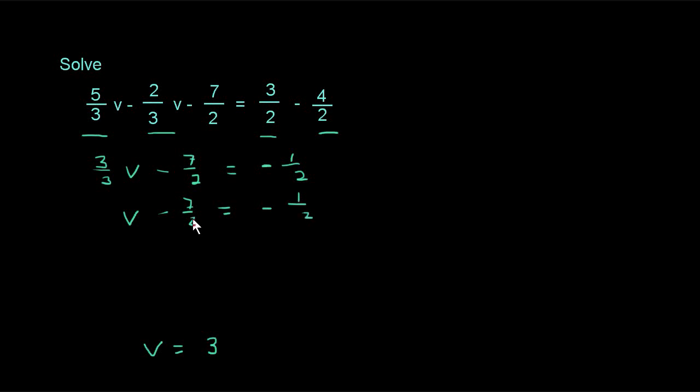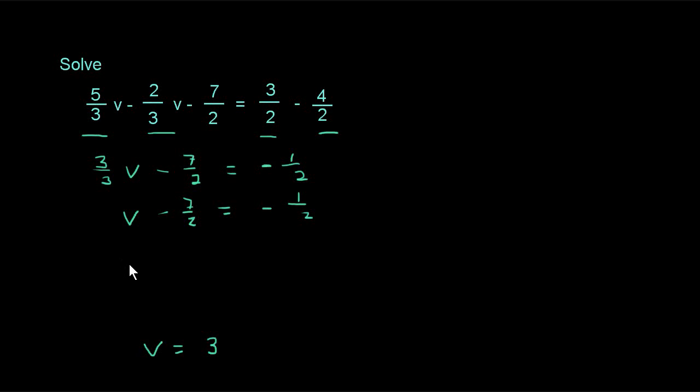Okay, the idea is to get the variable isolated all by itself on one side. We're subtracting 7 halves from that variable v now. To get rid of that 7 halves, we need to add its opposite, which would be a positive 7 halves.